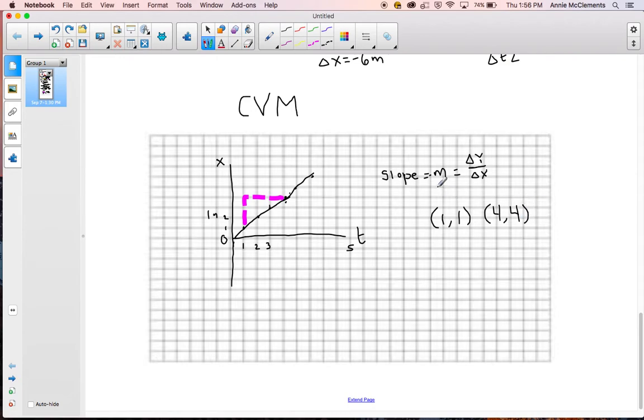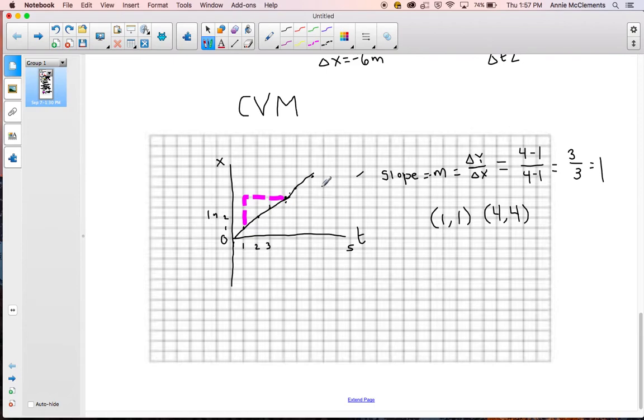So we're going to subtract our first point from our second point, the one with the higher seconds, the 4 seconds, to get our slope. So we get 4 minus 1 over 4 minus 1. That is going to equal 3 over 3, which is equal to 1.